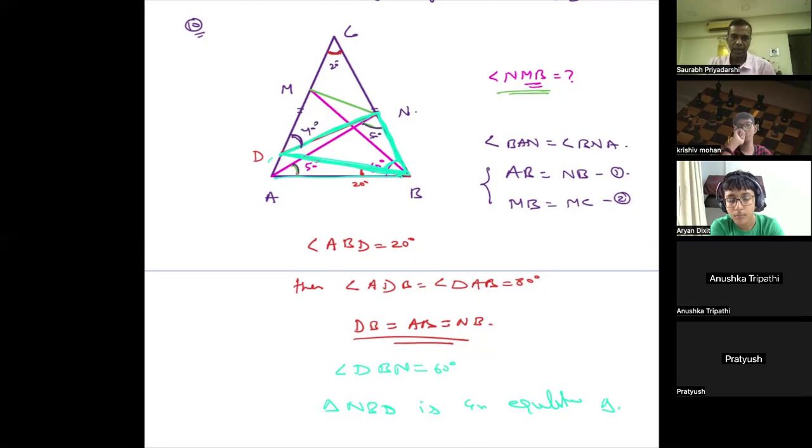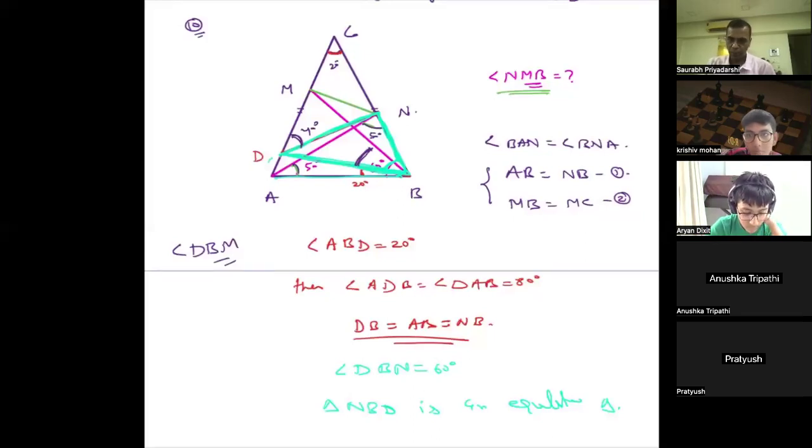And angle DBN, DBM, this angle. What is this angle DBM? In the triangle, can you see this? 40.